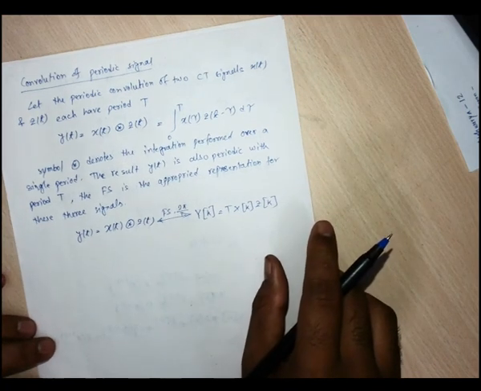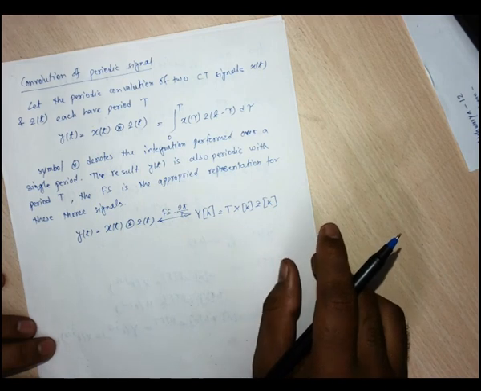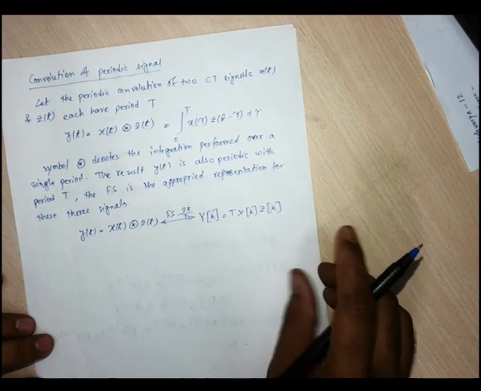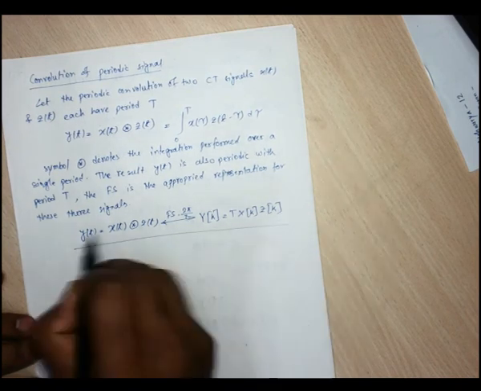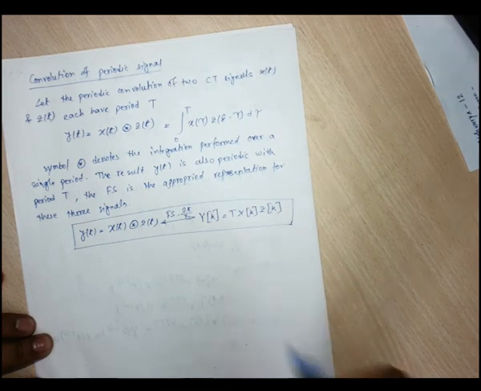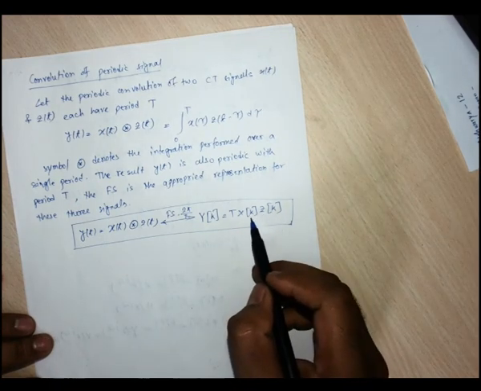So this is the convolution between two periodic signals, and this is the easiest way to do it.